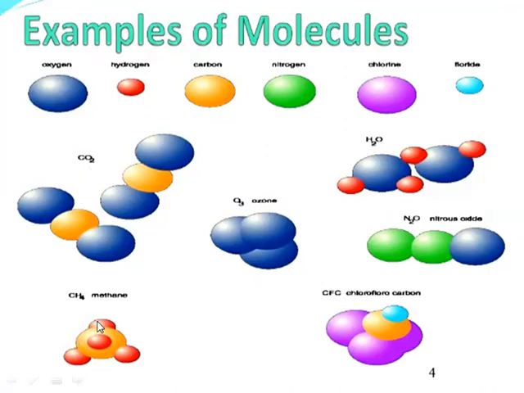Carbon and hydrogen atoms combine to form methane gas. Carbon along with fluorine and chlorine and another carbon atom combine to form chlorofluorocarbon, whereas nitrogen and oxygen combine to form nitrous oxide. Hydrogen and oxygen atoms combine to form a water molecule.